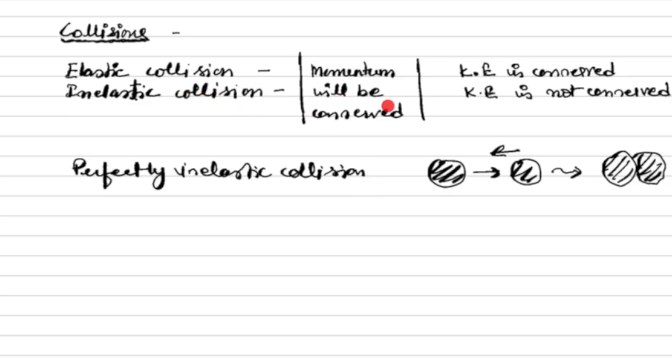And these are the conditions for momentum and kinetic energy for elastic and inelastic collision. I remember it like this: if you take some elastic thing and stretch it, I can see kinetic energy here. If you stretch it and release it, the KE will come back. So kinetic energy is conserved in elastic collision, and in inelastic collision, it is not conserved.